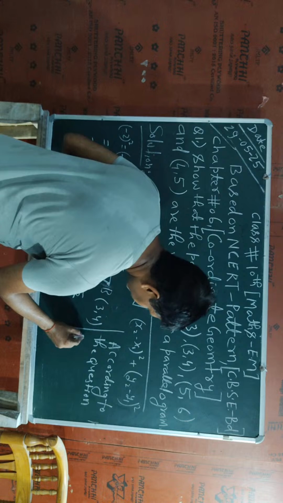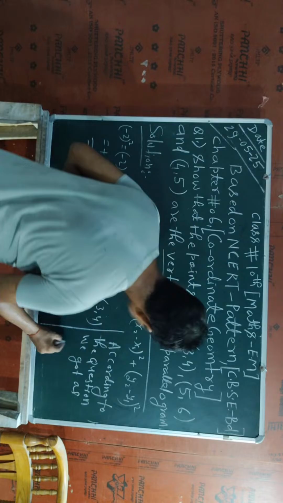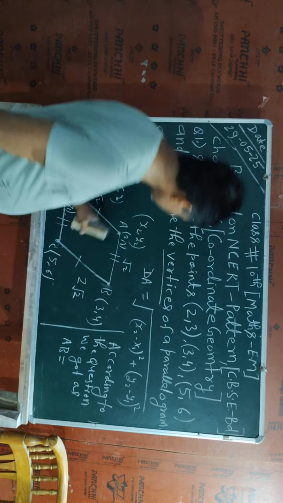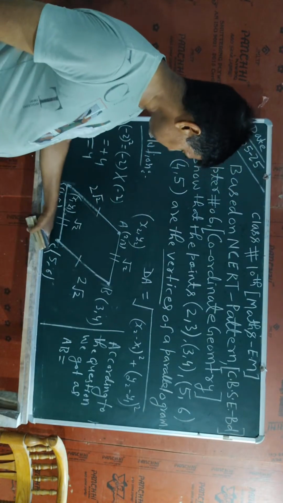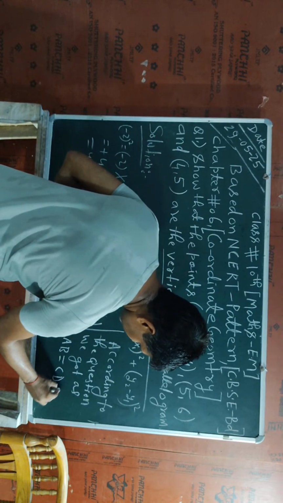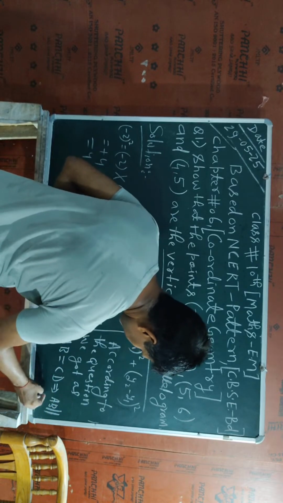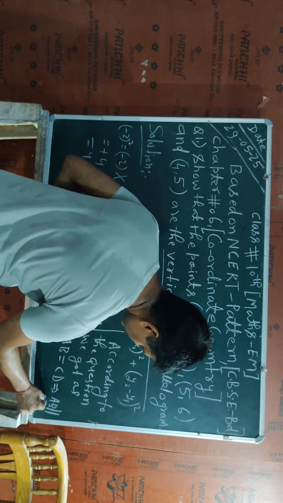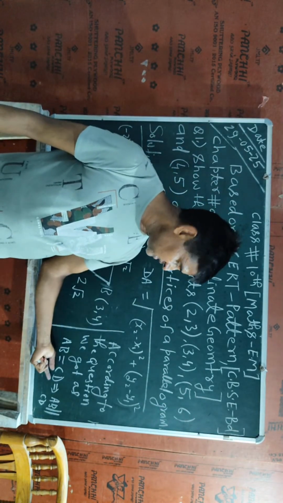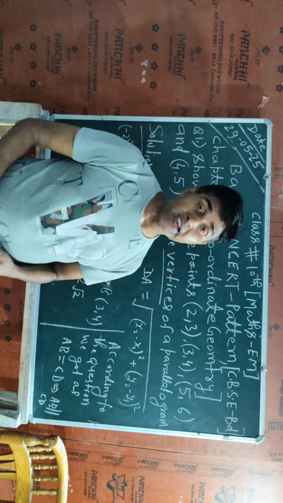We have obtained the length of AB equal to CD. In other words, we can say that AB is parallel to CD. I will write this because AB equals CD; this condition is available when these two lines are parallel to each other.